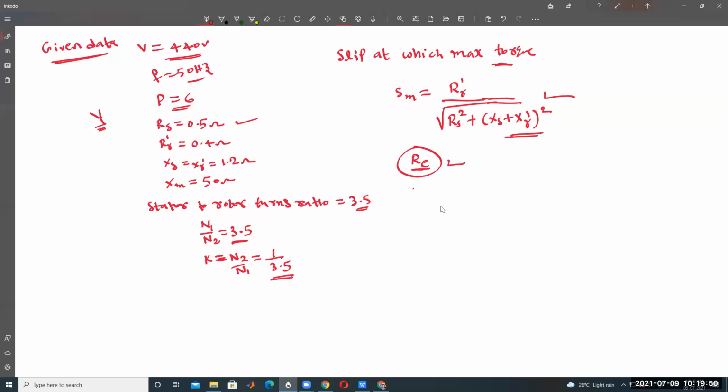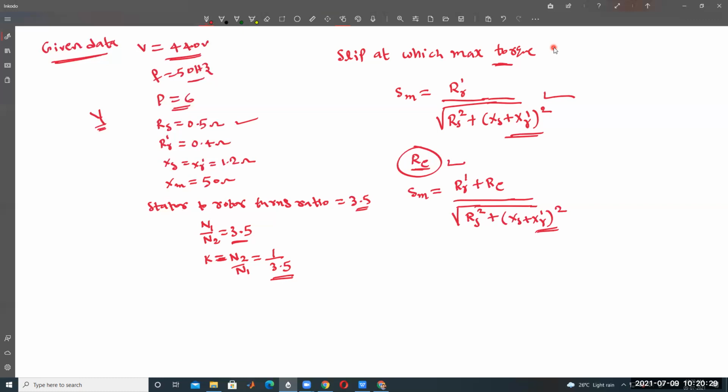Then the slip at maximum torque equation will become: RR dash plus RE in the numerator. The denominator is as it is: RS square plus (XS plus XR dash) whole square. So this is the formula.